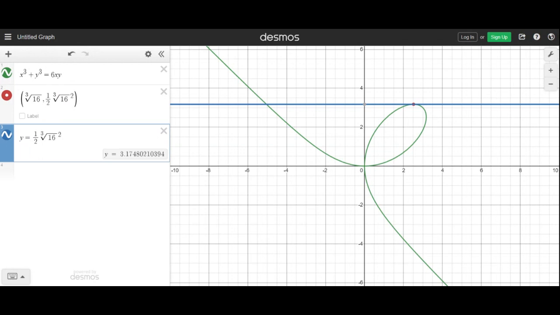Now, notice the other point that we got, x equals 0: there would be a horizontal tangent at the origin also, but we wanted the point in the first quadrant. That's why we ignored the one at the origin. Any questions on that one now?